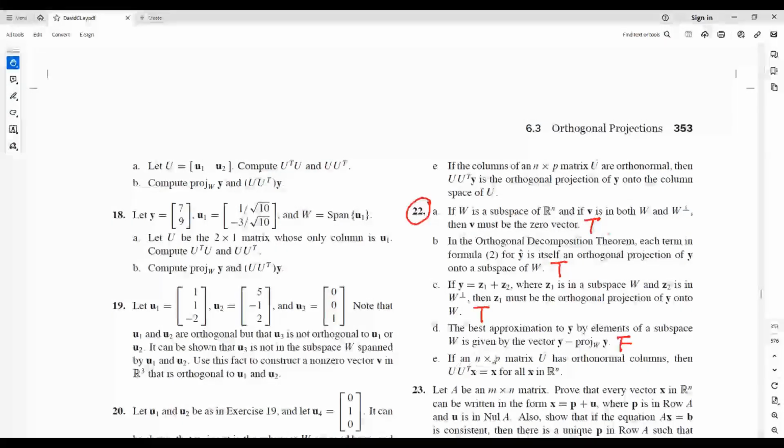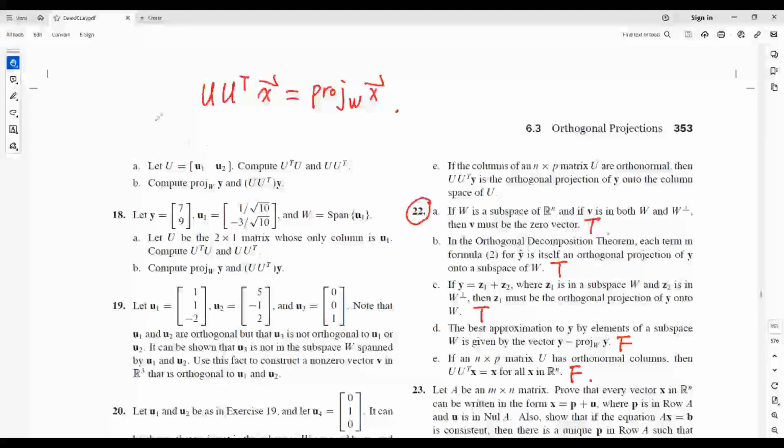E. If an n times p matrix U has orthonormal columns, then UU^T x equals x for all x in Rn. False. We have this formula, not this one.